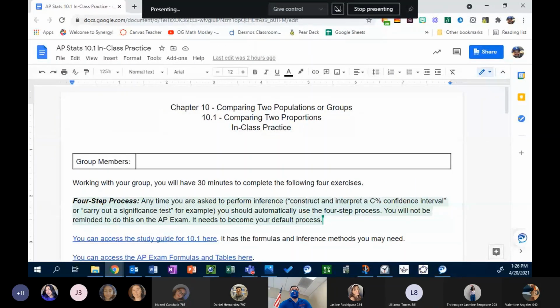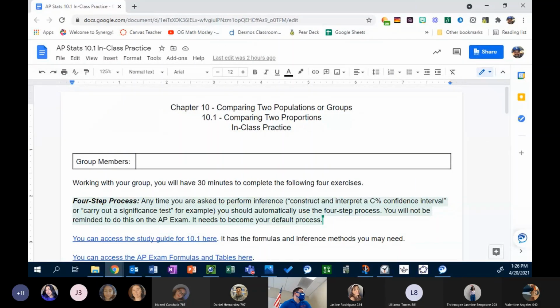This is what the document should look like for those of you here. I'm going to share my screen so you can see what this is supposed to look like, just in case. If the link's not working, please let me know.